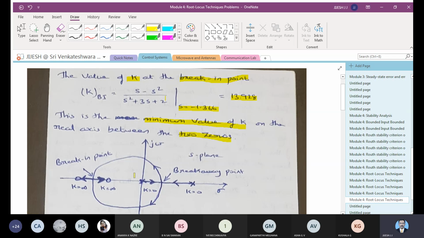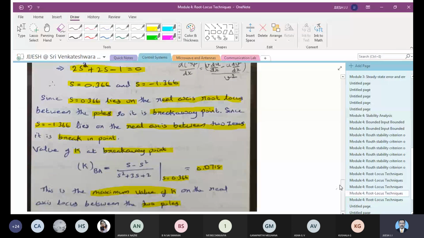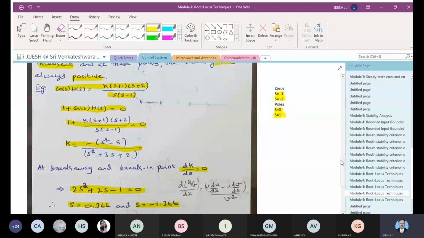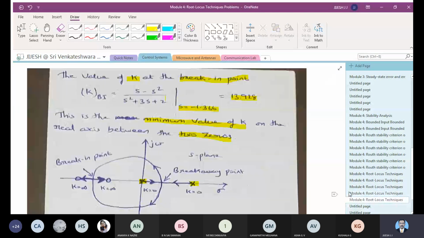And from this, first you can plot the poles. You have poles at the values 0 and 1, and zeros at -1 and -2. So you can just plot that.